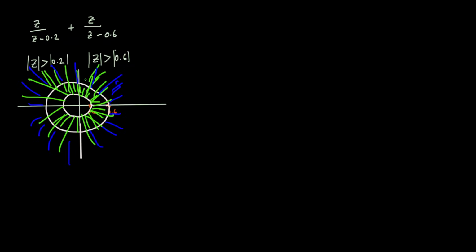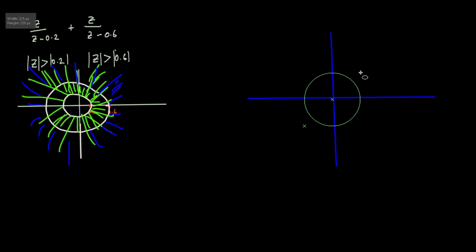In this case, the outermost circle is the biggest one, the 0.6. So this is the best one to express. If you just want to draw the region of convergence, this is the only thing you need to draw. The radius is 0.6.